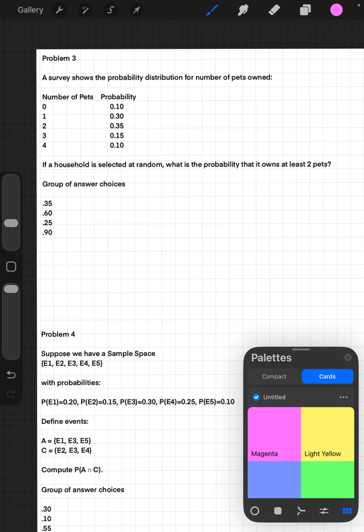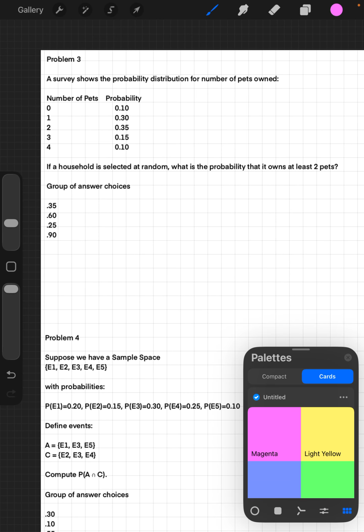Okay, so now we have problem 3. And let's read it. Select a random one. What's the probability of at least 2?